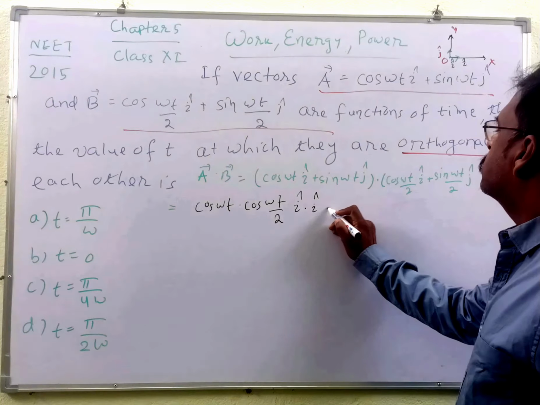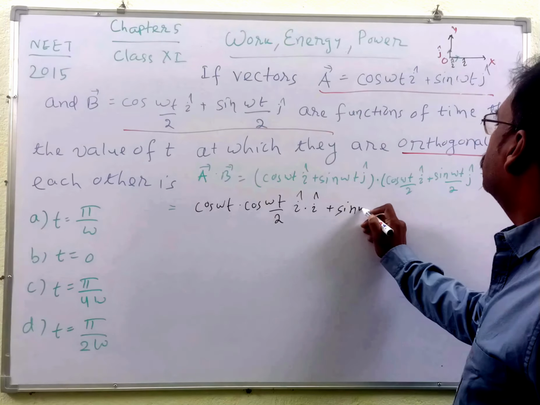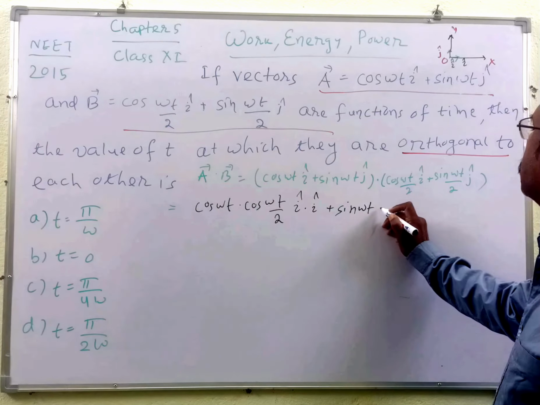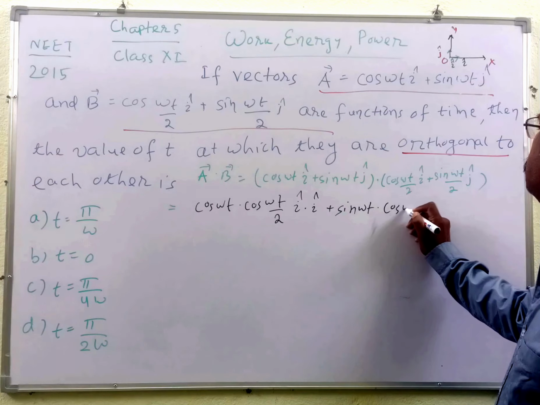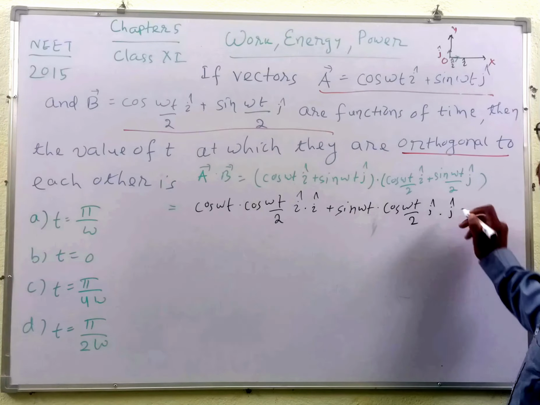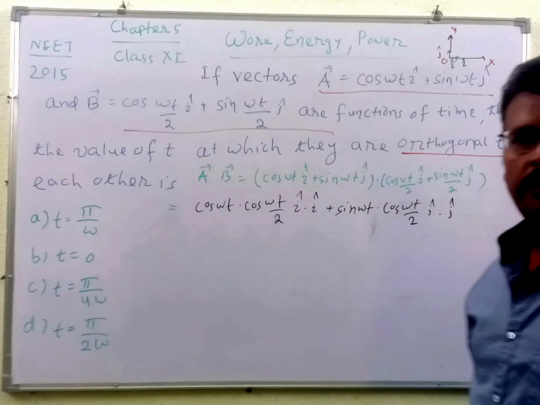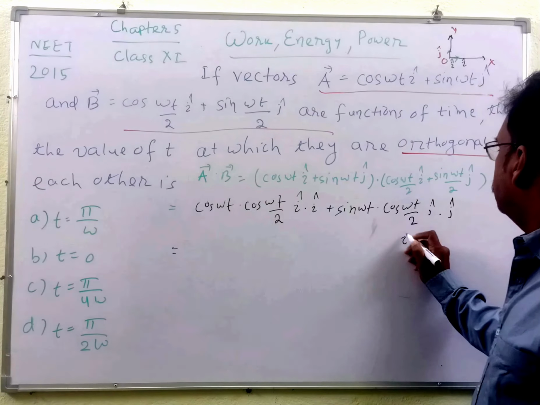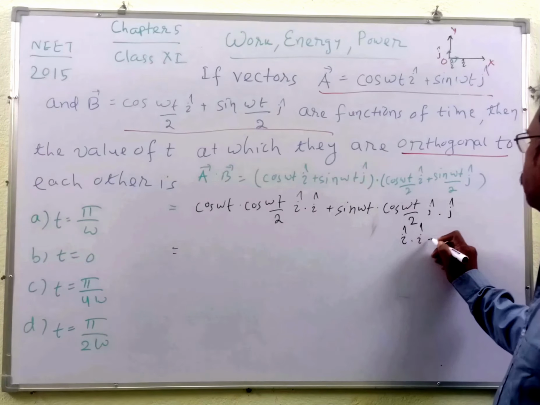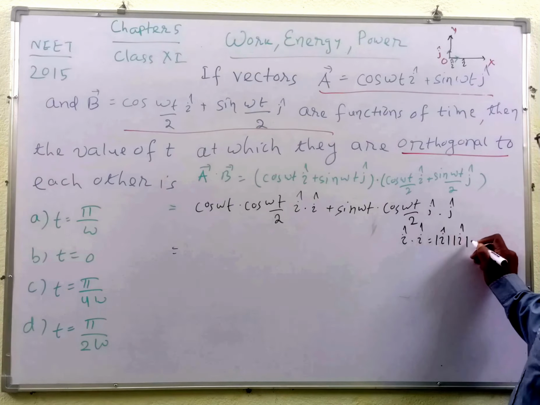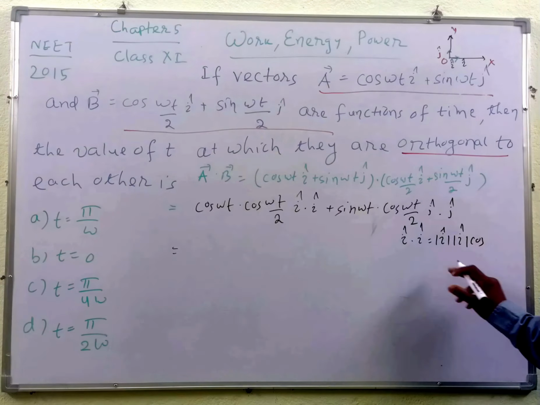Okay, student. So what will be the other term? That will be sin omega t j cap. Sin omega t into this cos omega t by 2 and j cap dot j cap. The other two terms vanished. So what is i cap dot i cap, student? i cap dot i cap is equal to mod i cap into mod i cap into cos of the angle between them.